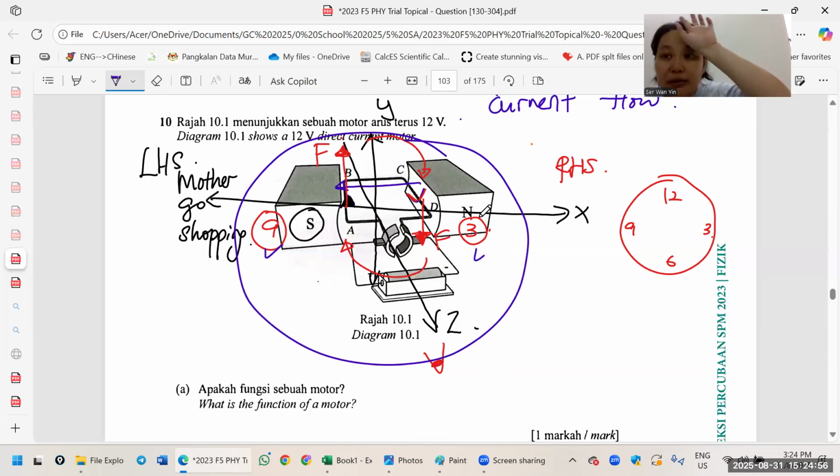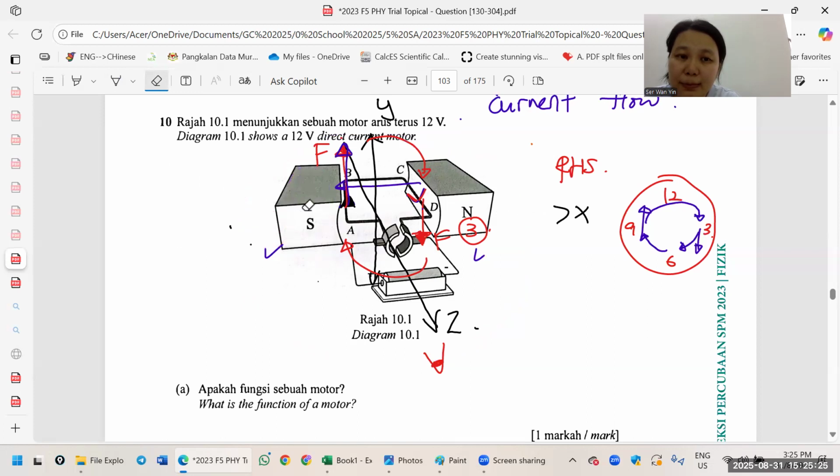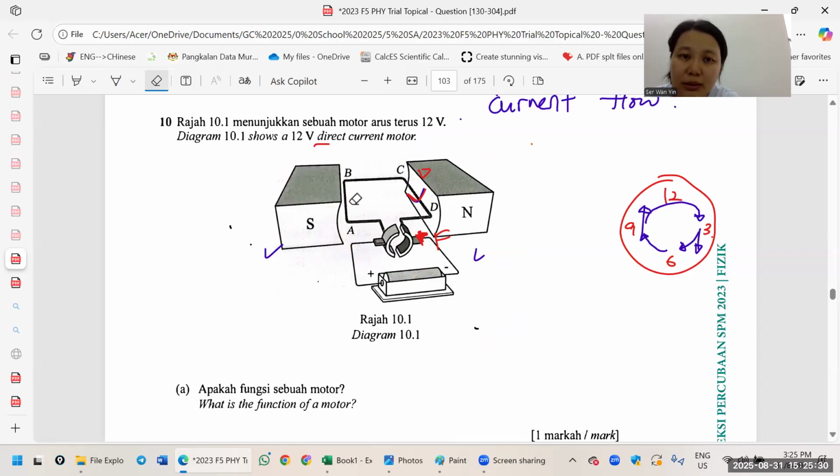Just north and south they are set. Can you see anti-clockwise? Normally 3 goes down to 9 o'clock and comes back to 3. So this is clockwise. Since at 9 o'clock the force goes up, at 3 o'clock the force goes down, so it will be clockwise.